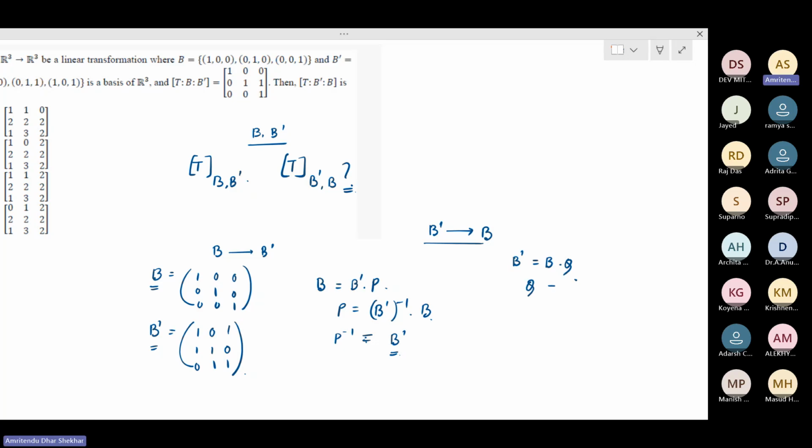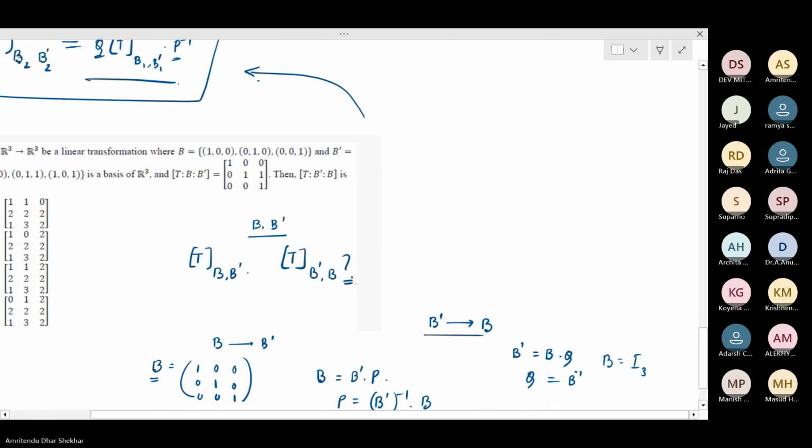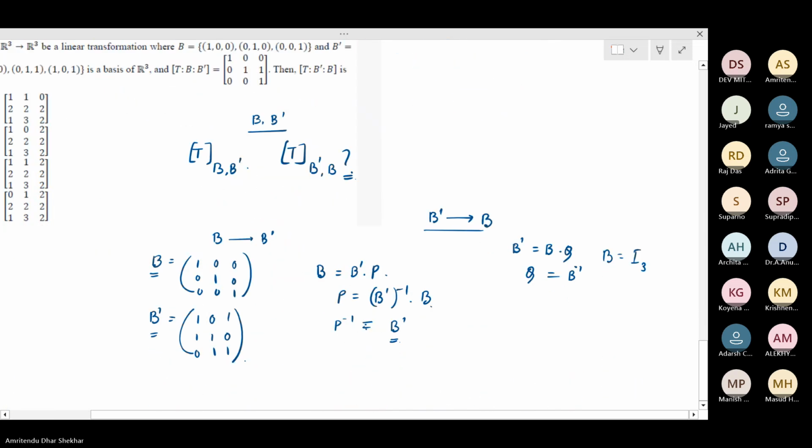So your Q is just equal to B prime because B is just the identity matrix. Okay. Right.